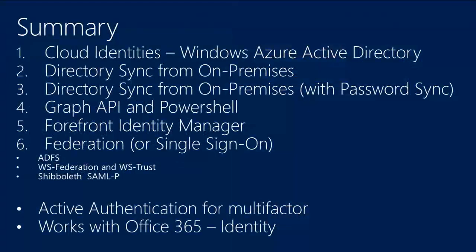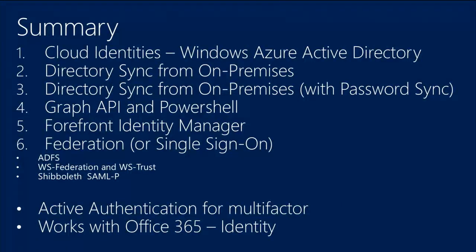In summary then, we walked through the very basics right at the beginning. You can go back and take a look at that if you want. We talked about password synchronization in DirSync. We also talked about active authentication for multi-factor authentication. And then we walked through these 6 different ways that you can integrate an identity provider with Office 365. You can just have a cloud identity. You can use DirSync to synchronize your on-premise directory with the cloud.